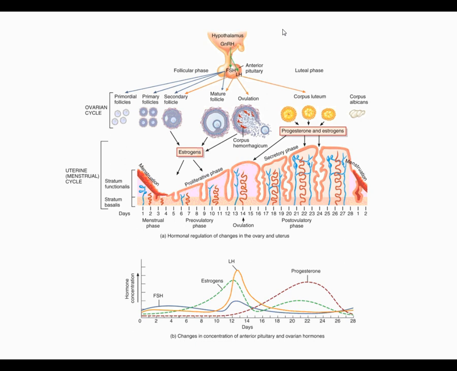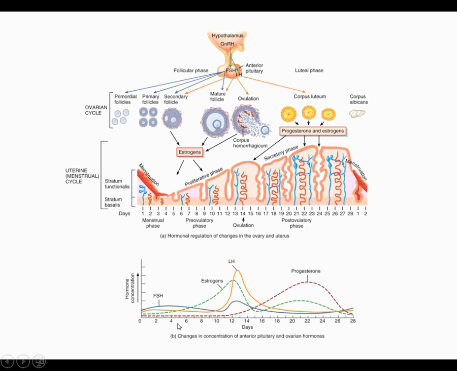Okay, we've got a fairly complicated couple of figures here, but hopefully it will help demonstrate what's occurring in those 4 major phases. I've actually combined 2 figures. Letter A here is a figure demonstrating what's happening in the uterus, what we call the uterine cycle, and then up here is the ovarian cycle, what's happening with the follicles and the eggs in the ovaries.